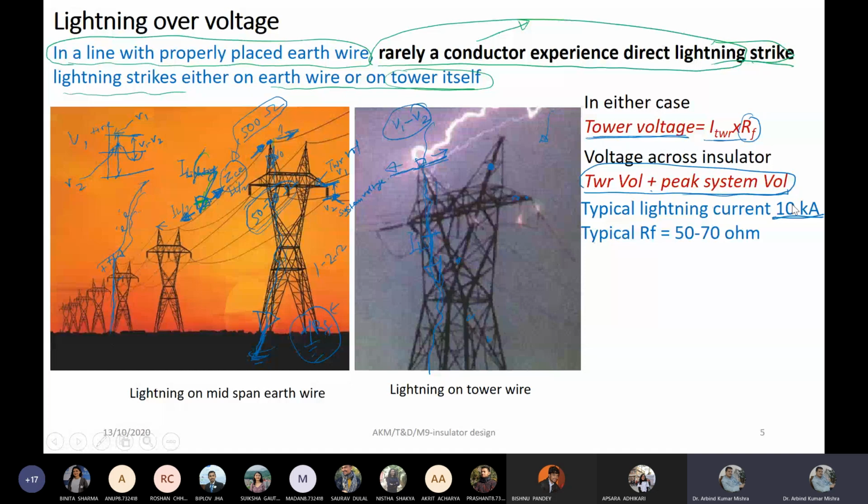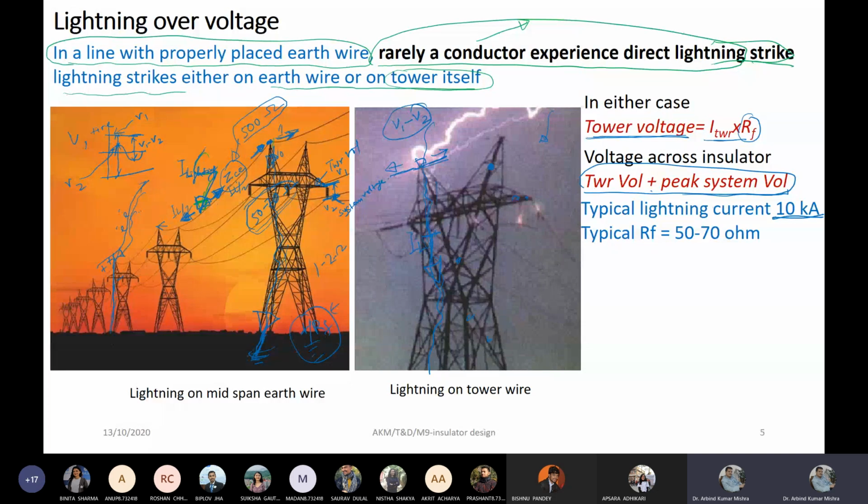Now, if you go through the literature, it conveys the message that the lightning current may vary from a fraction of a kiloampere up to 40 kiloampere. But it has been said that the probability of the lightning current magnitude being over 10 kiloampere is very, very low, because most of these things are probabilistic theory; it's not a certain mechanism, it's an uncertainty.